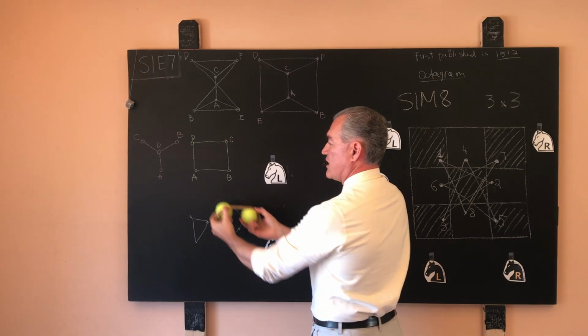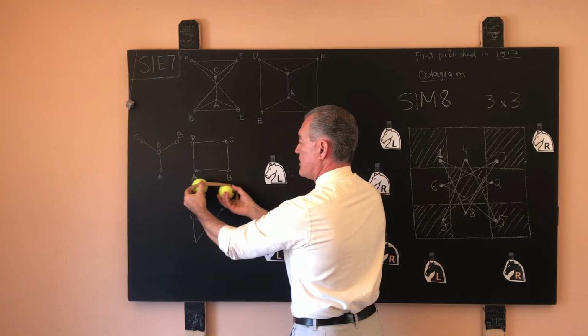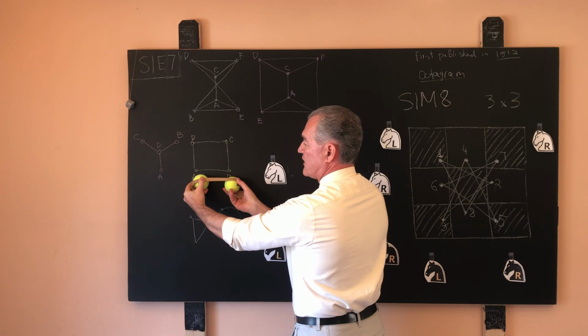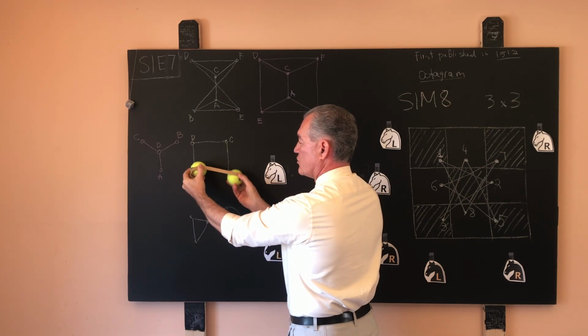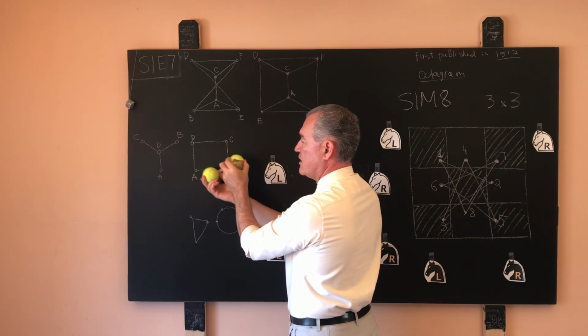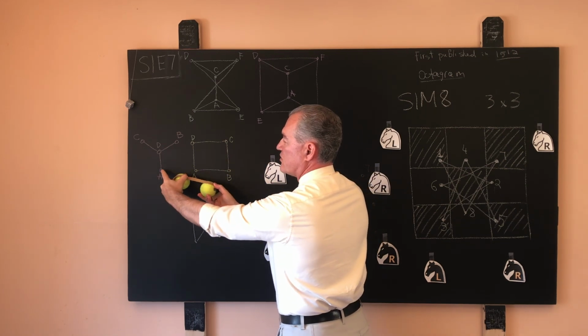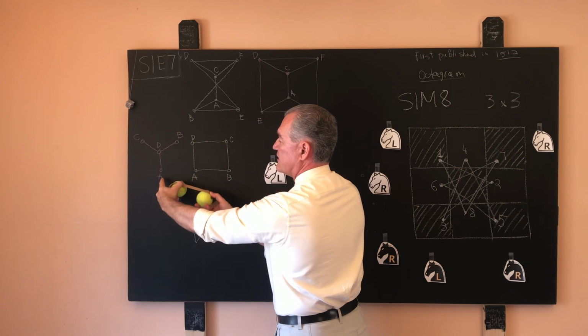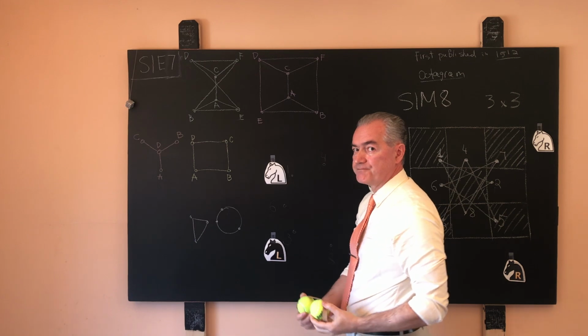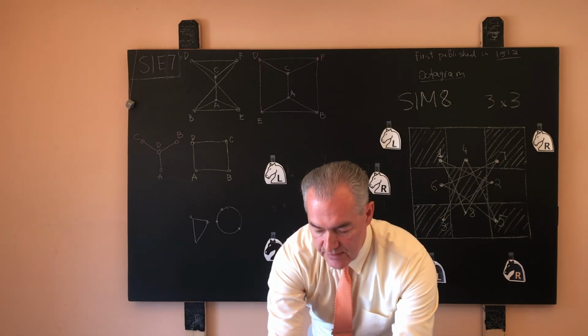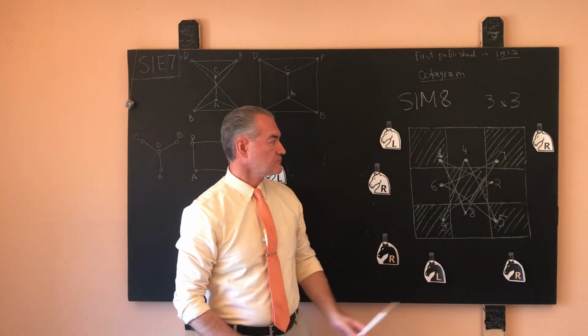For example, in this graph, the nodes A and B are connected with an edge. No matter how we manipulate these 2 nodes or these 2 balls connected with a string, we will not be able to make sure that the node D now connects to the node A. What that means in our case is the following.